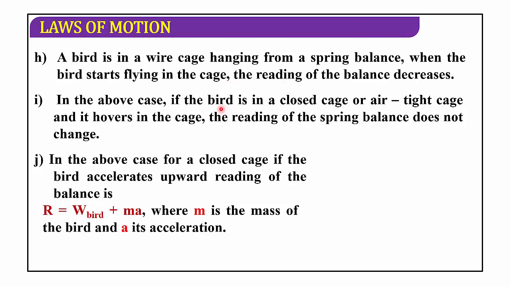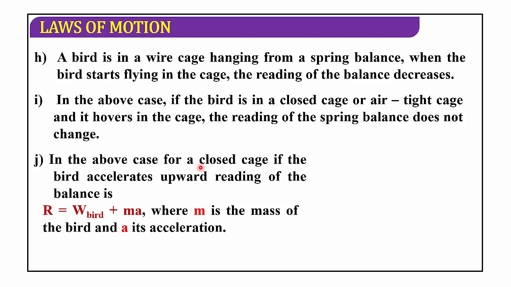Next point, in the above case, if the bird is in a closed or airtight cage and it hovers in the cage, the reading of the balance does not change. So here the reading does not change, but in the above case, the reading of the balance decreases.